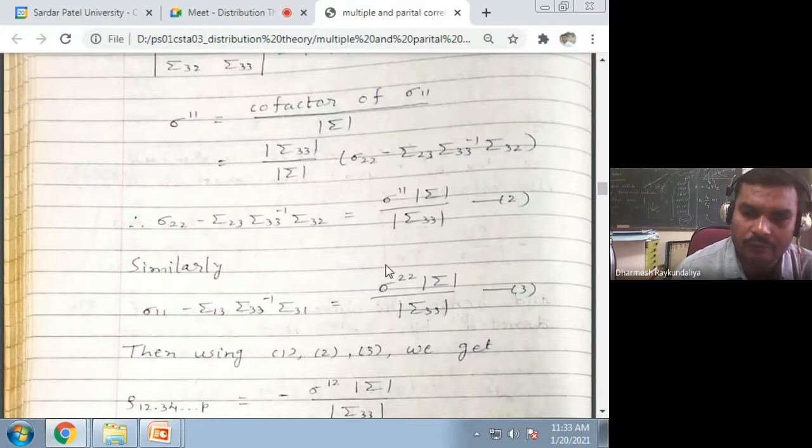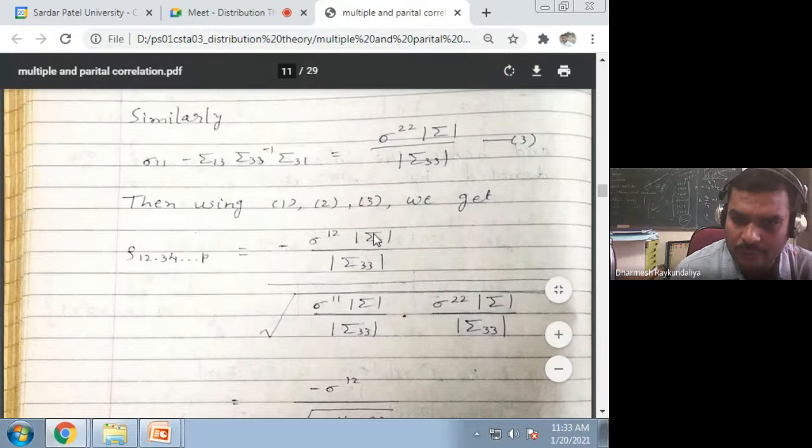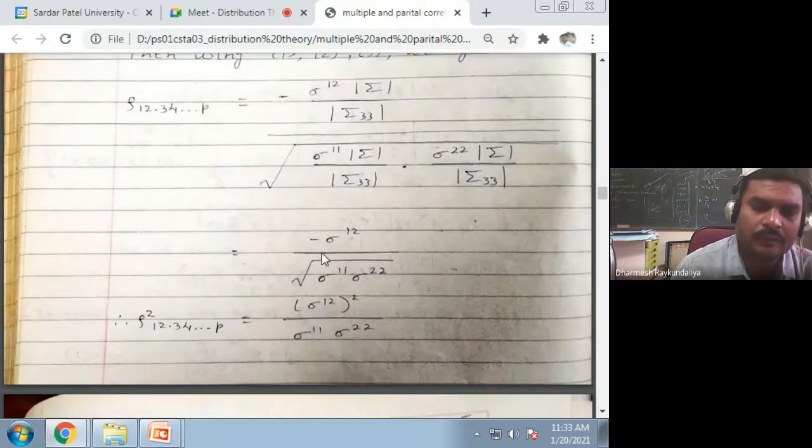Now use these equations 1, 2, 3, 4 and substitute into the correlation. The determinant of sigma 3 3 is a scalar. This is also a scalar, so it is a square, but the square root is again the same. This will cancel out, so your partial correlation between x1 and x2 is given by minus sigma 1 2, which means the inverse element, divided by the square root of inverse sigma 1 1 and inverse sigma 2 2.